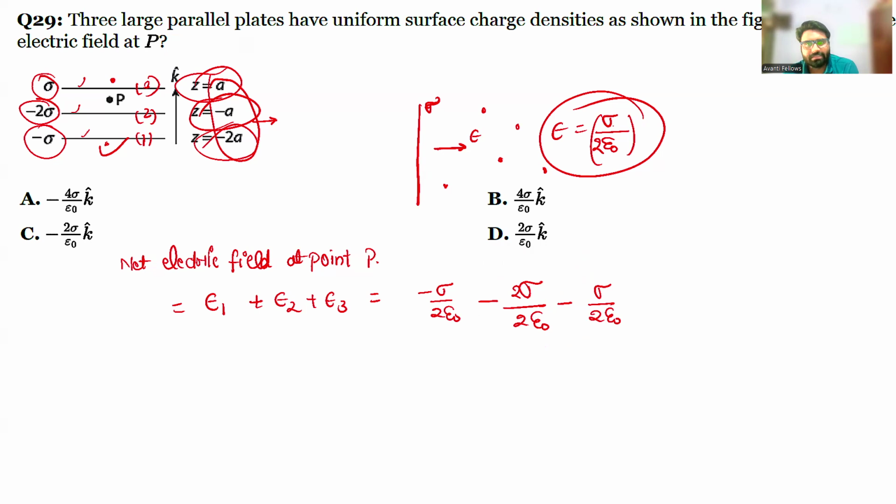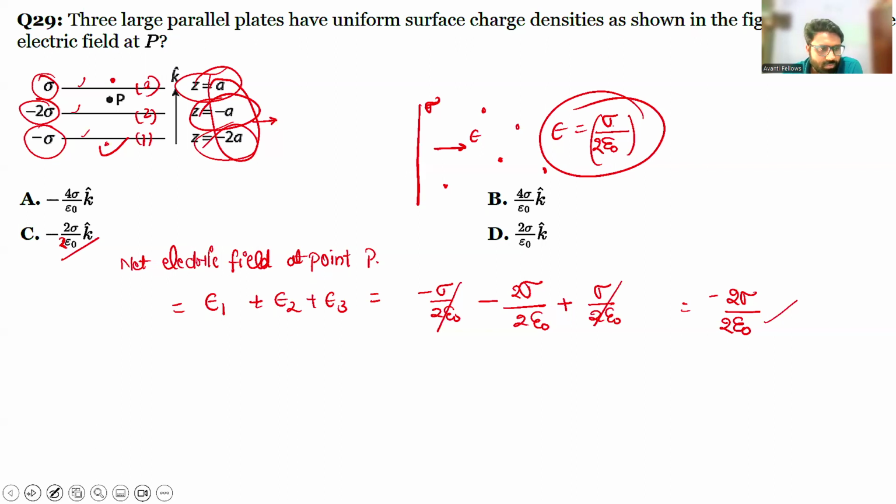So if you get the sum of this value, this is plus sigma, this is plus sigma, and this will cancel out. So you have a value of minus 2 sigma upon 2 epsilon naught. This is the electric field at the end. Okay.